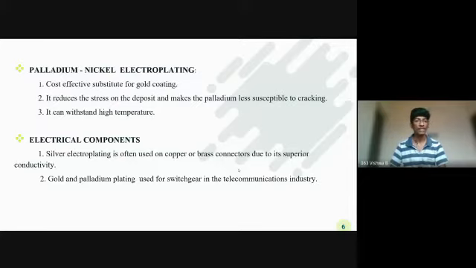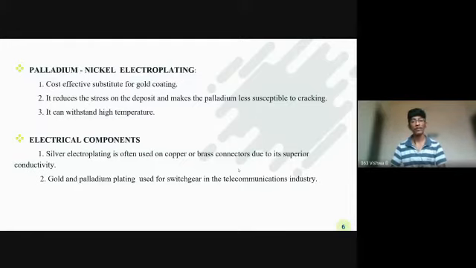So palladium nickel electroplating is efficient, cost effective, and very useful. It reduces stress on the deposit and makes palladium less susceptible to cracking. Cracking occurs when the surface ruptures, and once the surface is ruptured, it breaks easily.